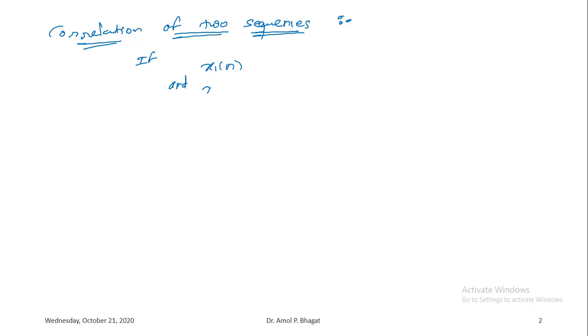So in case of the correlation of two sequences property, if we have two discrete time sequences, that is x1 of n and x2 of n, so these are the two discrete time sequences with their Z transforms, capital X1 of Z and X2 of Z respectively.